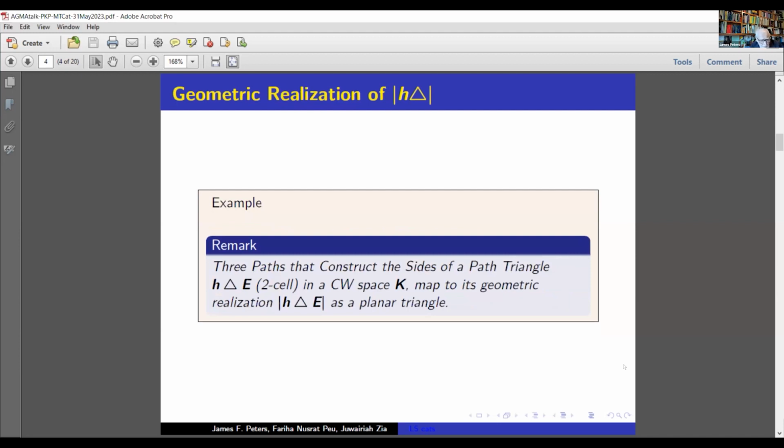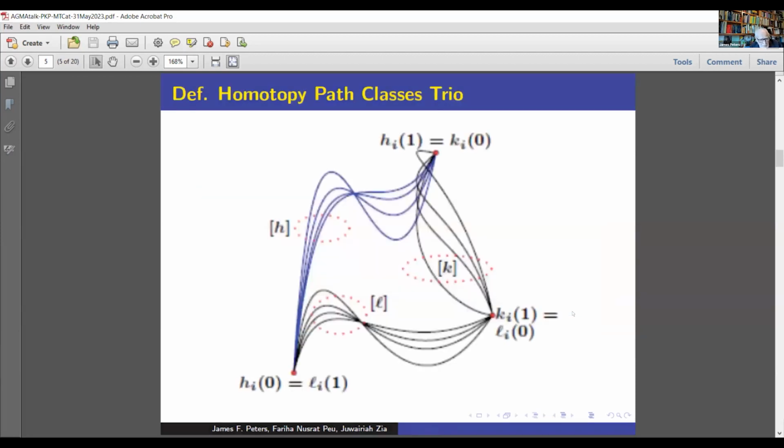Okay, and here's an example where we have three paths that construct the sides of a path triangle where the sides of the triangle are the result of continuous maps, one point to another in a triangle. And this path triangle maps to its geometric realization in a familiar planar triangle. And here's an example.